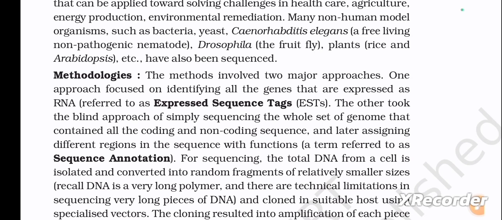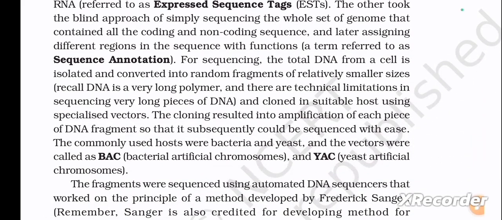For sequencing, the total DNA from a cell is isolated and converted into random fragments of relatively smaller sizes. Recall, DNA is a very long polymer and there are technical limitations in sequencing very long pieces of DNA, and the fragments were cloned in suitable host using specialized vectors. The cloning resulted in amplification of each piece of DNA fragment so that it subsequently could be sequenced with ease.